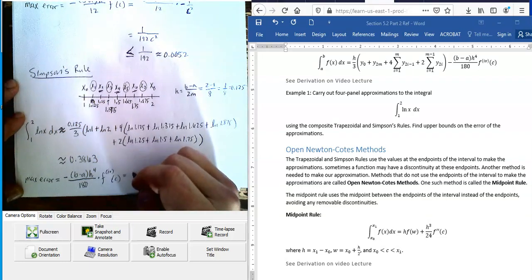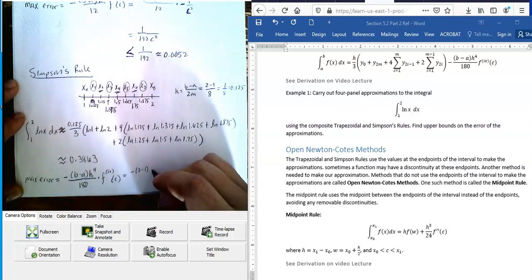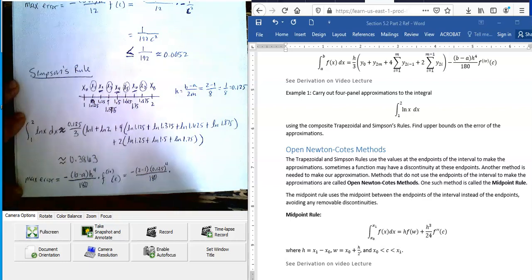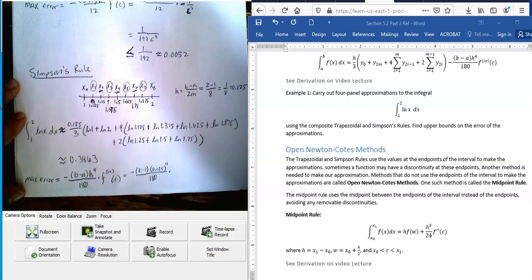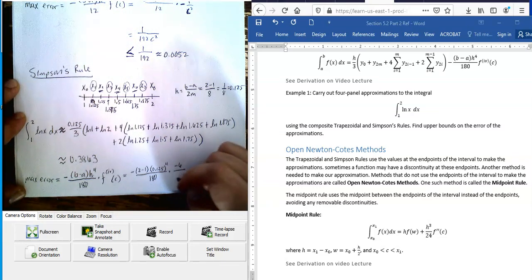This will give us negative 2 minus 1, 0.125 to the 4th over 180 times the 4th derivative of the natural log, which is negative 6 over x to the 4th, evaluated at c, so c to the 4th.